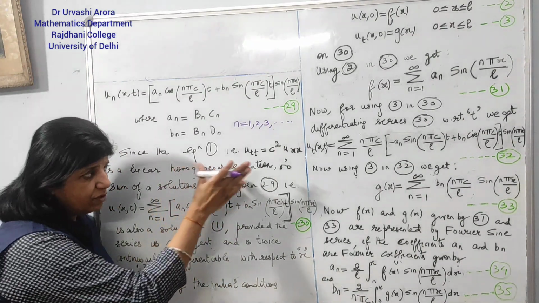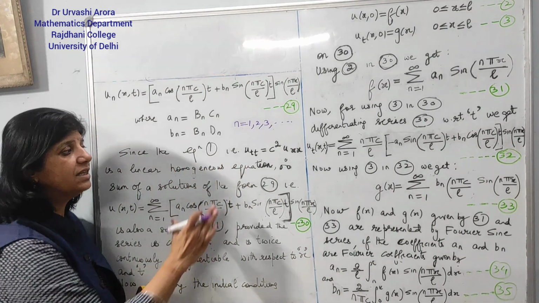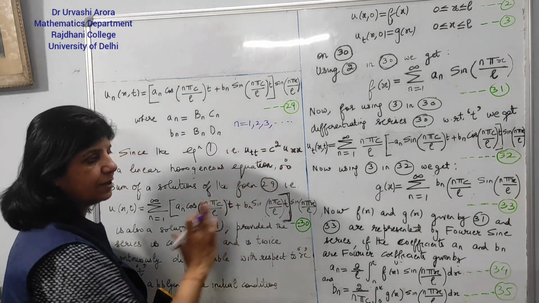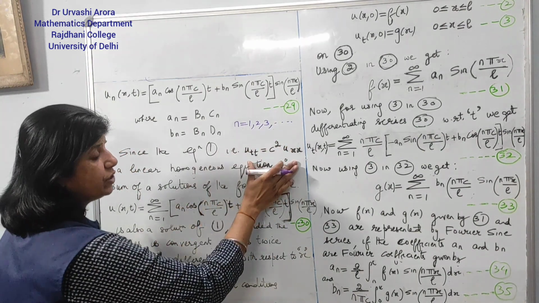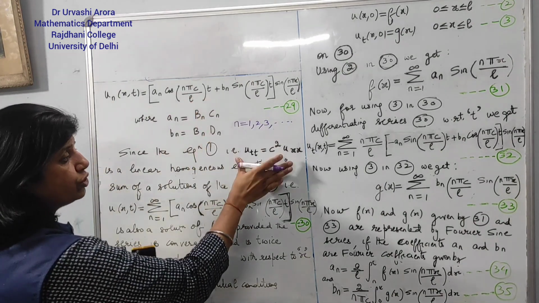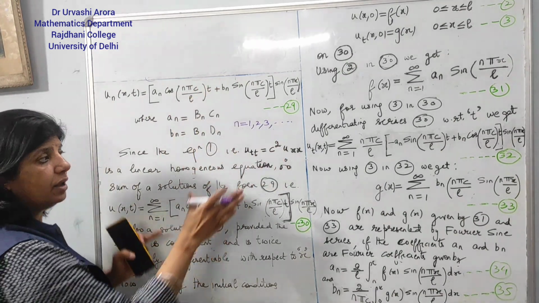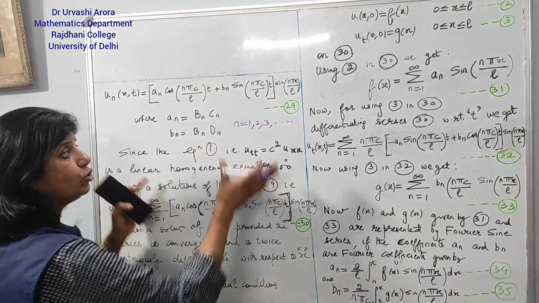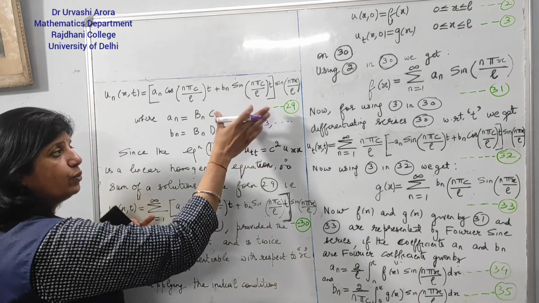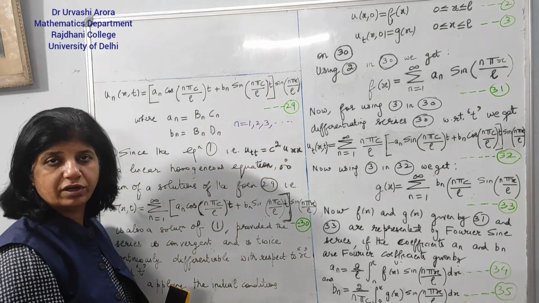Also one thing which we can note from here itself is that this is a linear homogeneous partial differential equation. So if all these are solutions of this equation, because it is linear and homogeneous, the sum of the solutions will also be a solution of this equation.